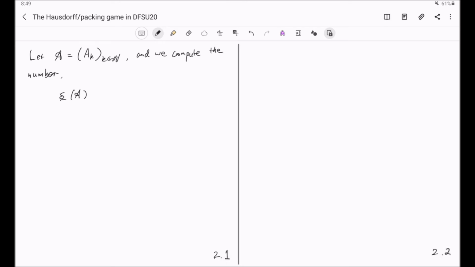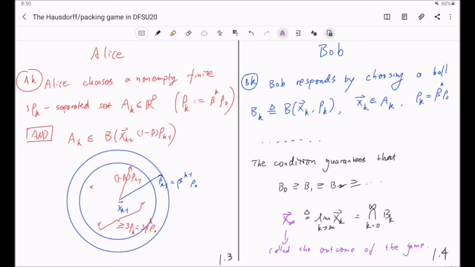Lower delta of script A is defined to be the lim inf as k goes to infinity of 1 over k times the summation i from 0 to k of the ratio log of the number of points in A i, remember A sub i's are finite sets, over the negative log of beta. So those A sub i's are the choices of Alice in the ith round.